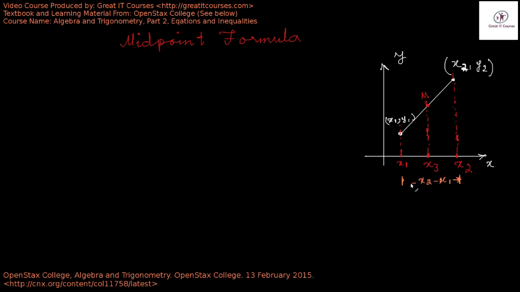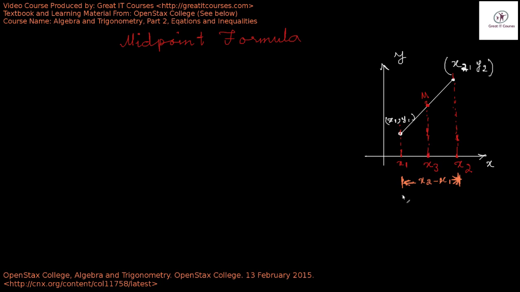You already know this. This is basically simple. So this is x2 minus x1. And we said that x3 is exactly between, in the middle of x1 and x2.